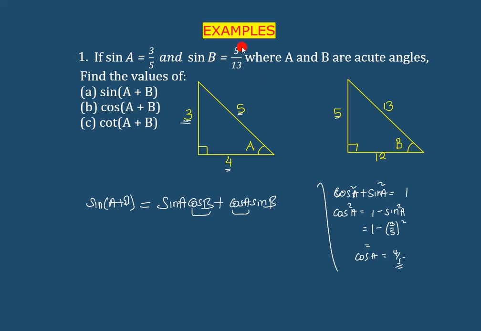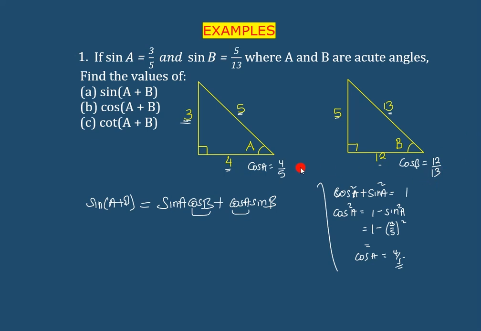Sine B is opposite over hypotenuse, so the hypotenuse here is 13, and the adjacent for this particular triangle is going to be 12. And so the cosine of A is equal to adjacent, which is 4, divided by hypotenuse, which is 5, while here the cosine of B is adjacent, which is 12, divided by hypotenuse, which is 13.